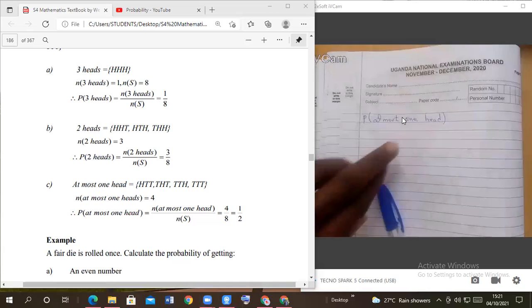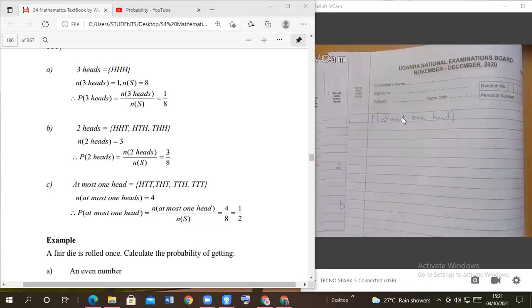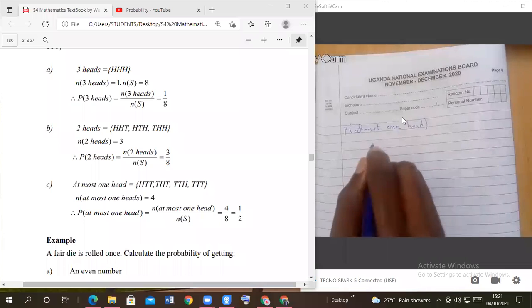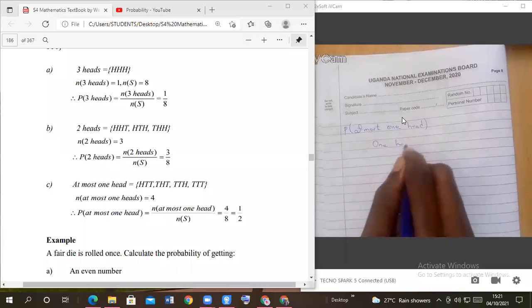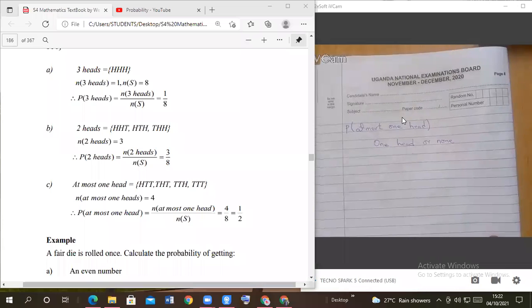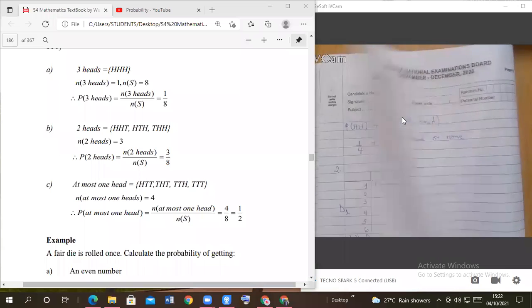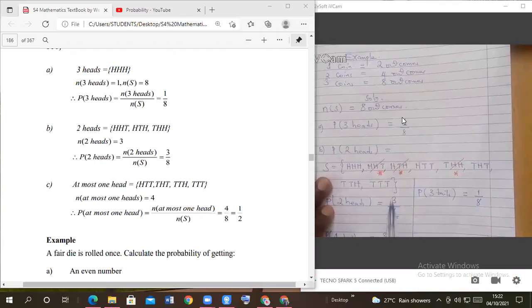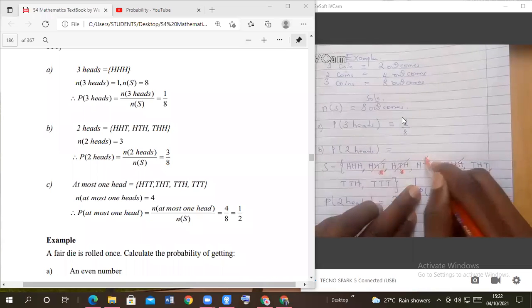Now here they said at most 1 head, which means you can either have a head or you don't have a head. 1 head or none. So from here, which one is that? Where we have only 1 head, look for me 1. Where is it? HTT. This one, we have this one there.